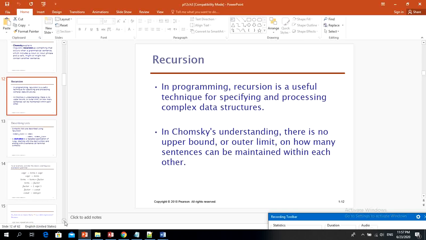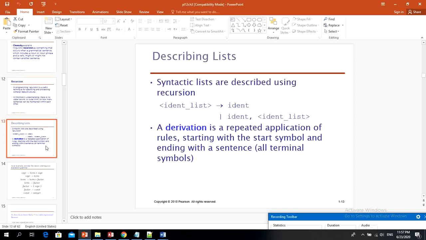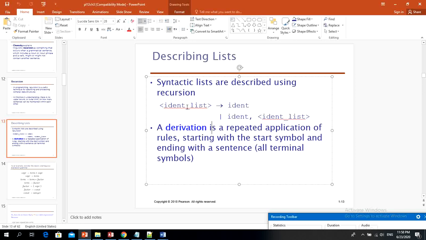I would like to show you how we can describe lists using recursion. For example, syntactic lists are described using recursion with this notation: identification list implies identification list, or identification.